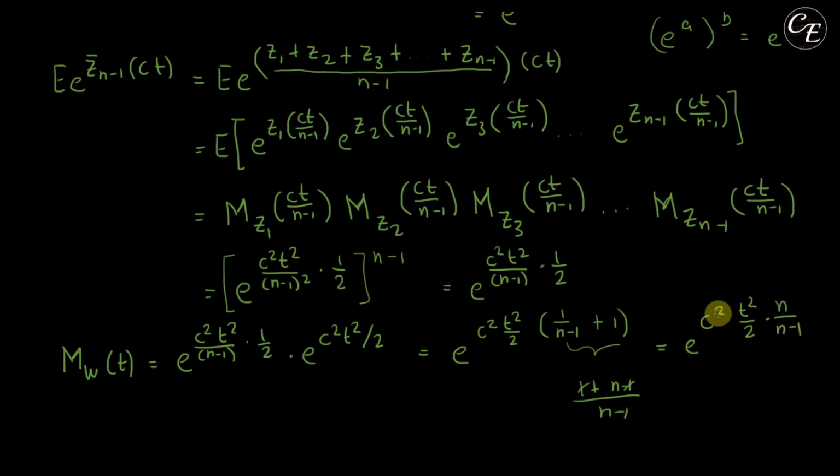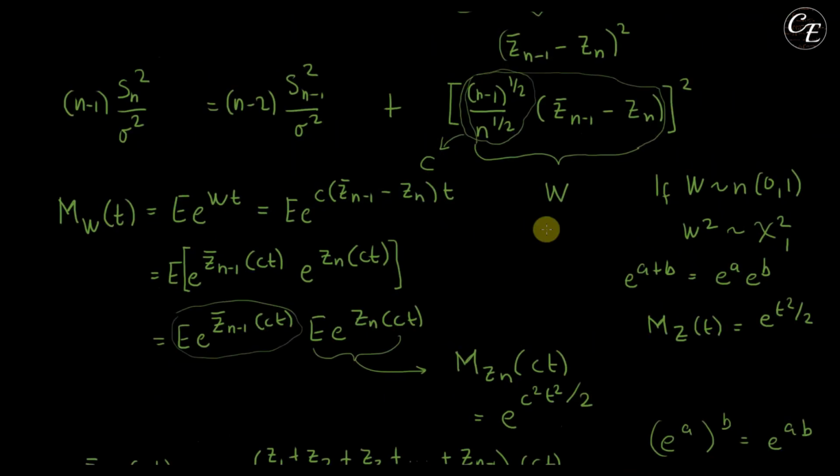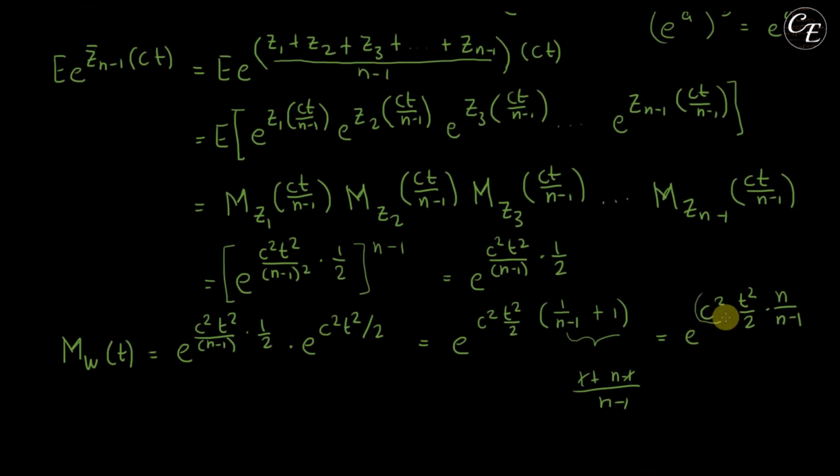So now what is c squared? c squared is the square of this one. This is c. So the square of this one is n minus 1 over n. So this one is n minus 1 over n. And then multiplying it with this one, we can cancel out this n minus 1 and n minus 1. And then we have here equal to e raised to t squared over 2.